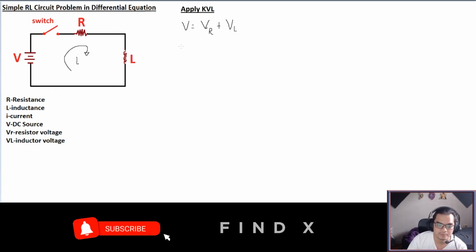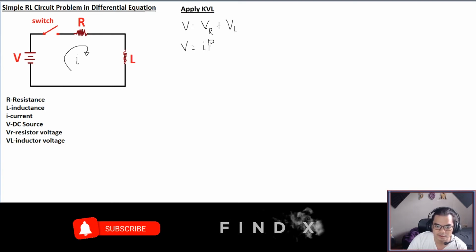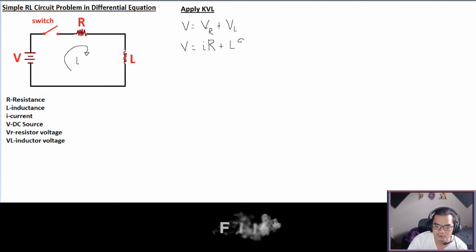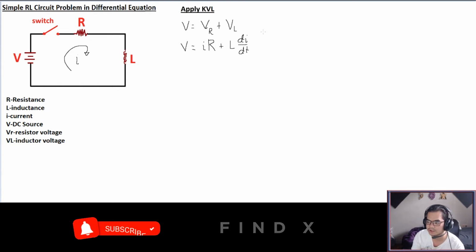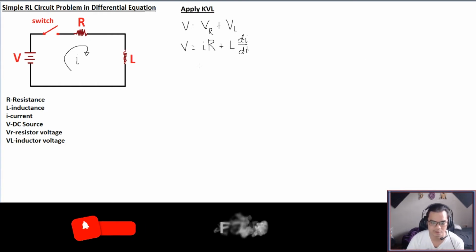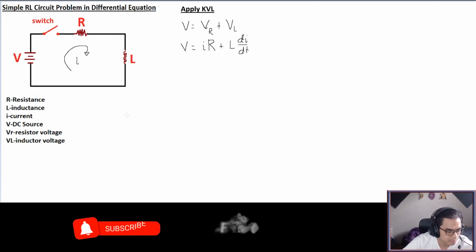Using Ohm's law, VR is just I times R, the current times the resistor. Plus, VL is L times di over dt. The voltage of the inductor is L times di over dt, the change in current. Remember that the inductor is the one that controls the change in current.